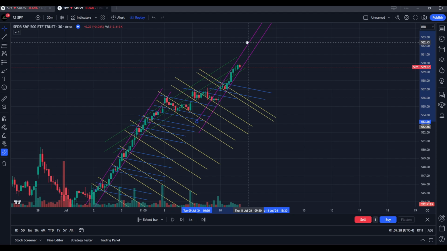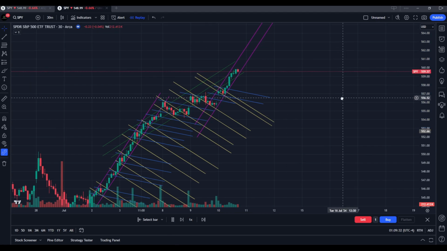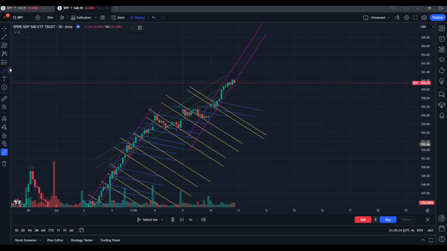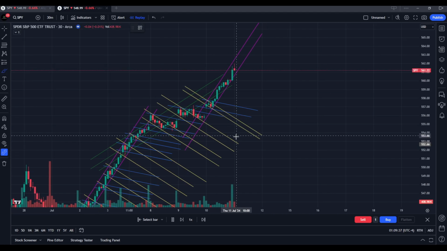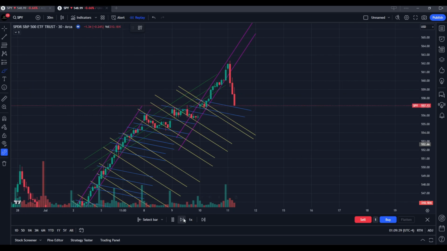And we will look for that same controlled selling on the way up now. Okay, so right there, you see we're going up within the purple continuation.